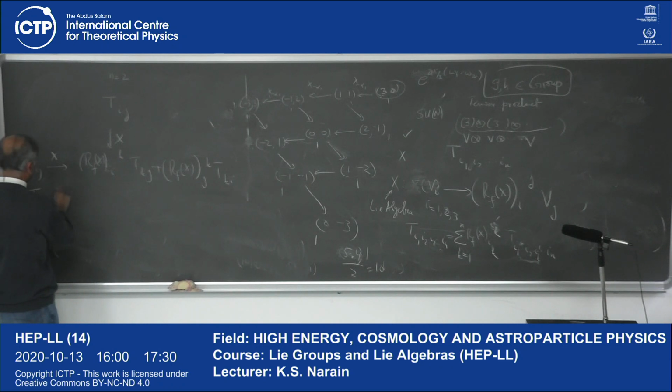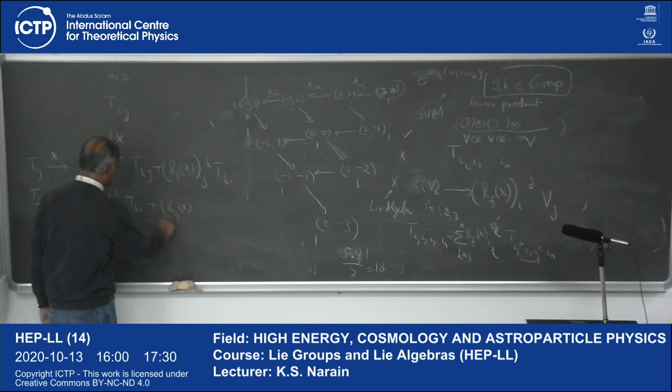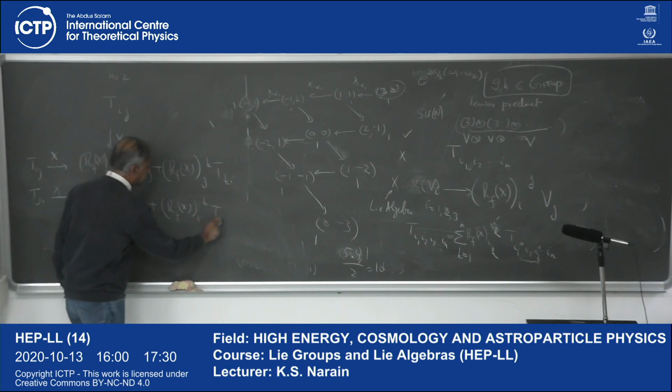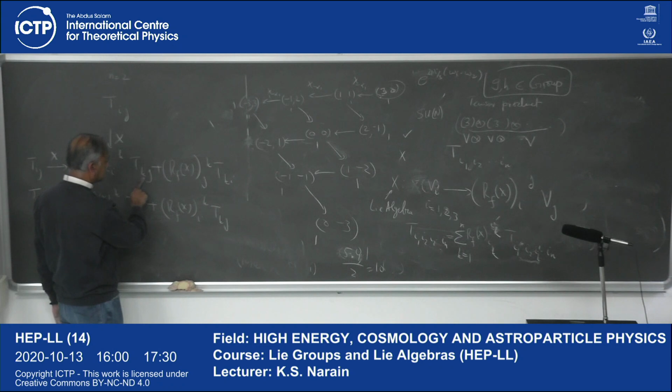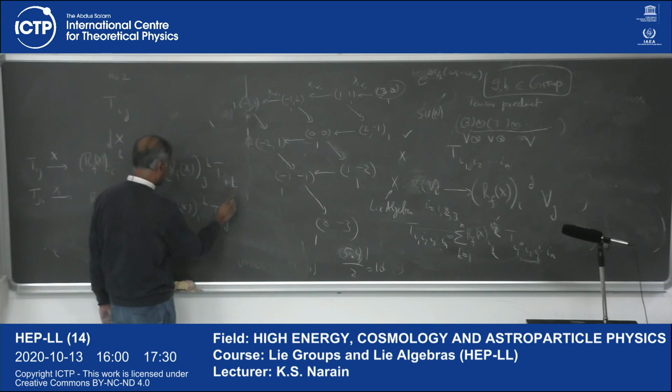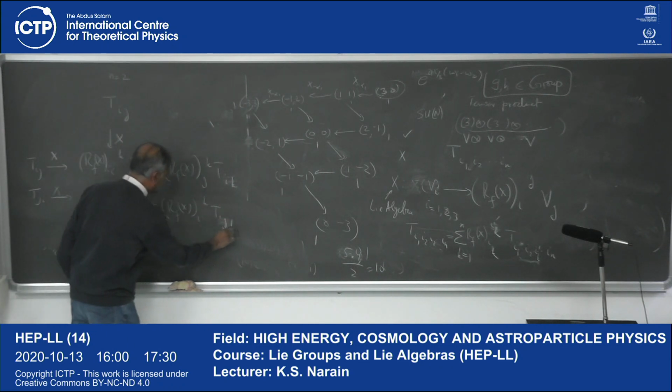It transforms like R_f(X) J_k T_ki plus R_f(X) I_k T_kj. Let me redo this: I exchange to J I, so this is k I and that is J k.